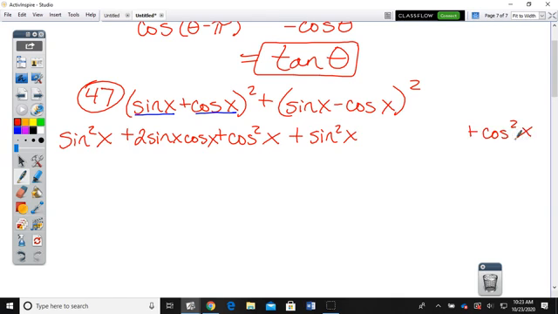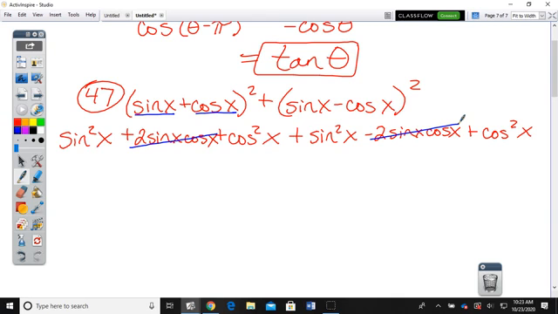And in the middle this time, rather than getting 2 sine x cosine x, I'm going to get negative 2 sine x cosine x. And now I add. What's positive 2 sine cosine minus 2 sine cosine? They go away. They make what? They do make 0 because we're adding and subtracting.